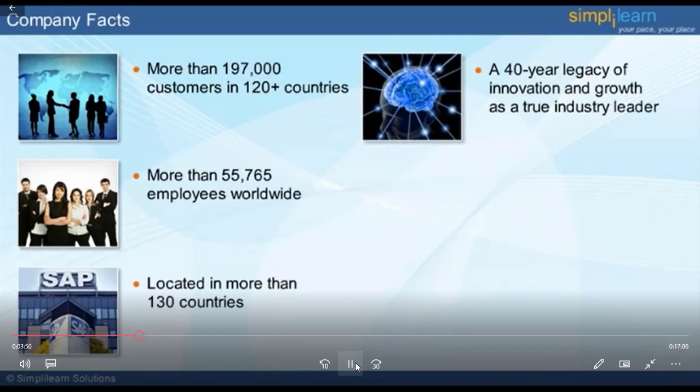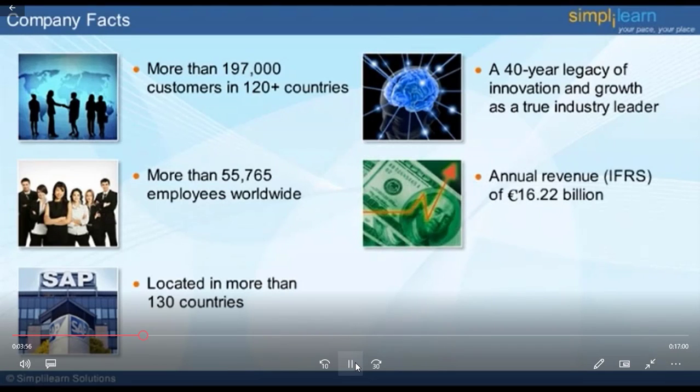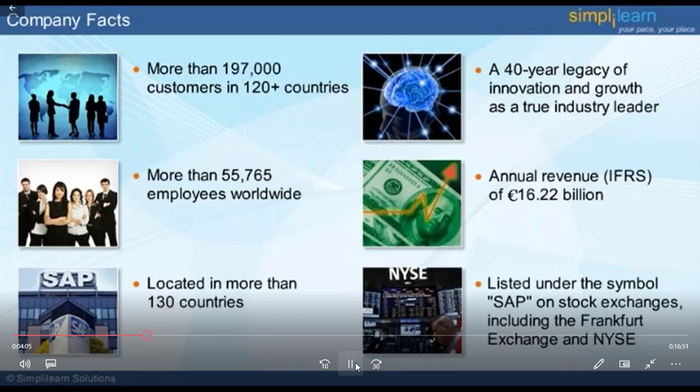It has a 40-year legacy of innovation and growth as a true industry leader. It has an annual revenue, IFRS, of 16.22 billion euro and is listed under the symbol SAP on stock exchanges, including the Frankfurt Exchange and the NYSE.